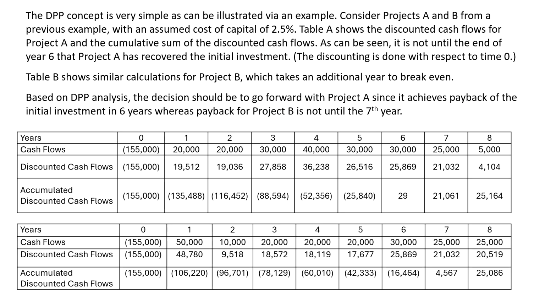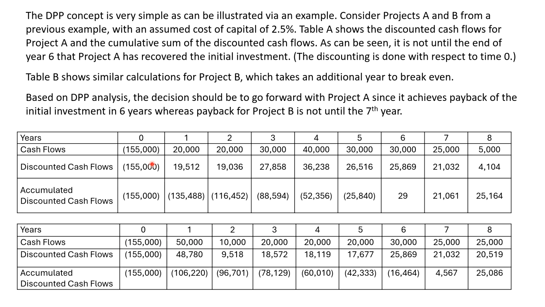On this slide, I have an analysis based on DPP, discounted payback period, where we have two projects, A and B, and I have their cash flows here. This is the top table for project A. You can see the cash flows in the second row. And then the bottom table is for project B, and it has the cash flows.